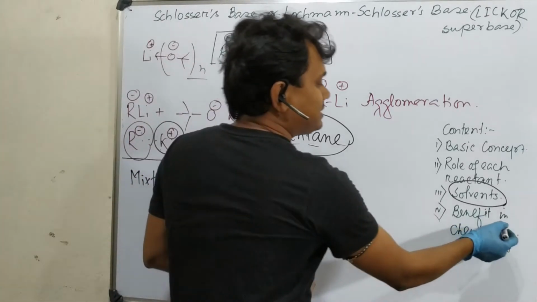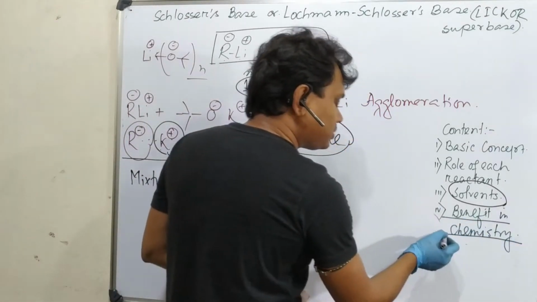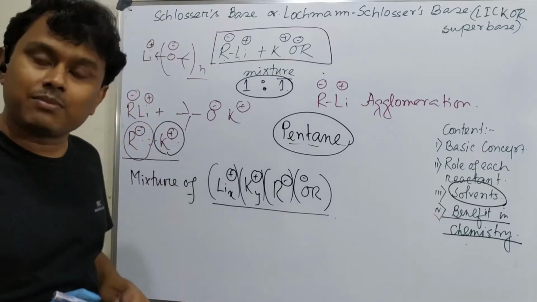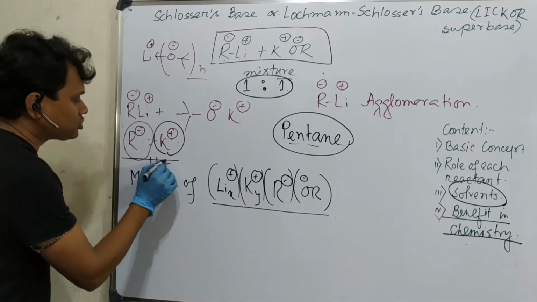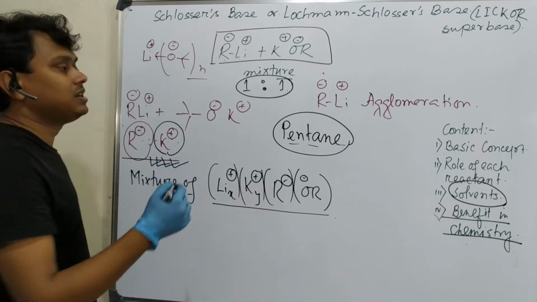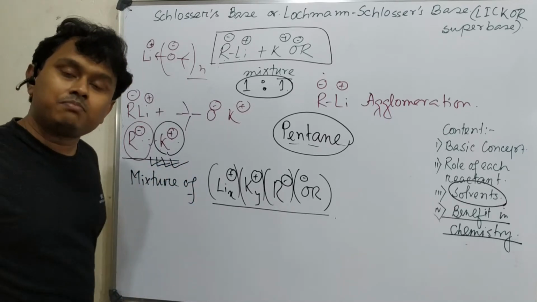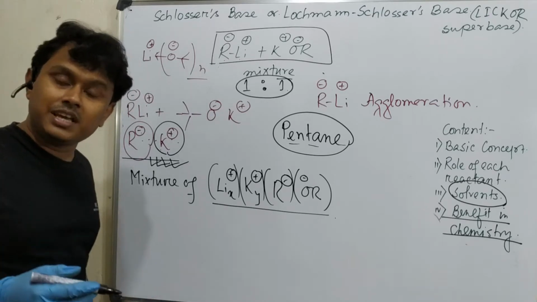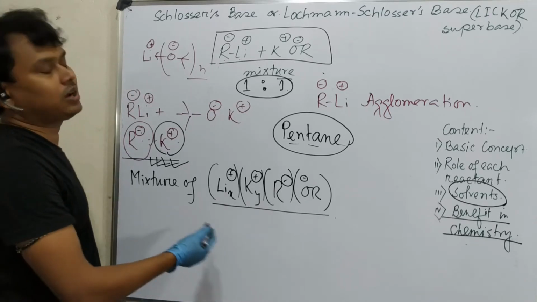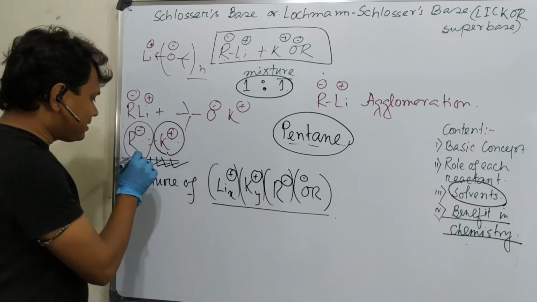So, what is the benefit of this chemistry? The benefit is the preparation of a very strong base, such that we can selectively prepare, from a relatively benign, almost benign, CH bond, the corresponding carbanion.